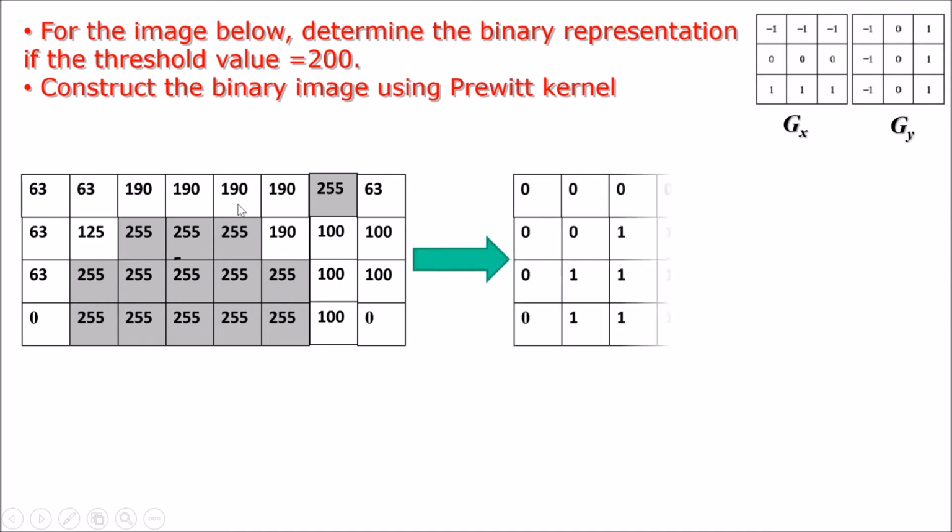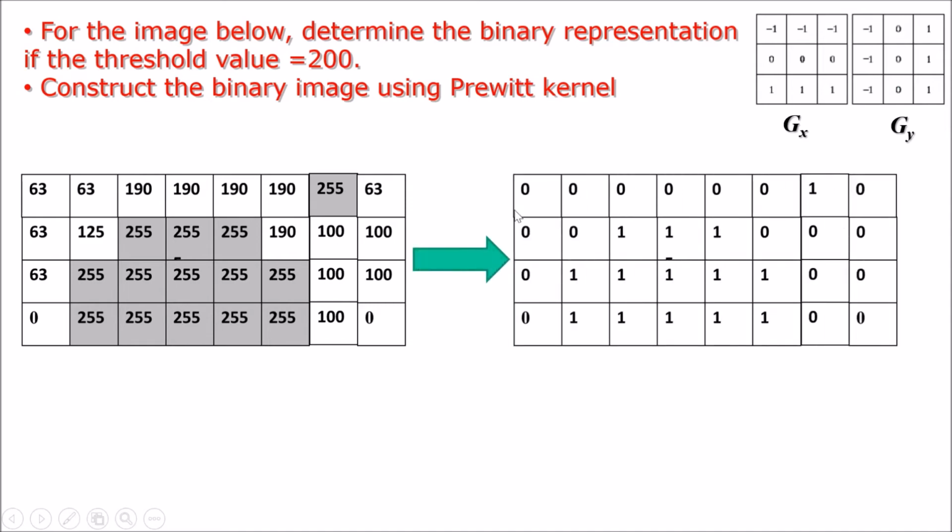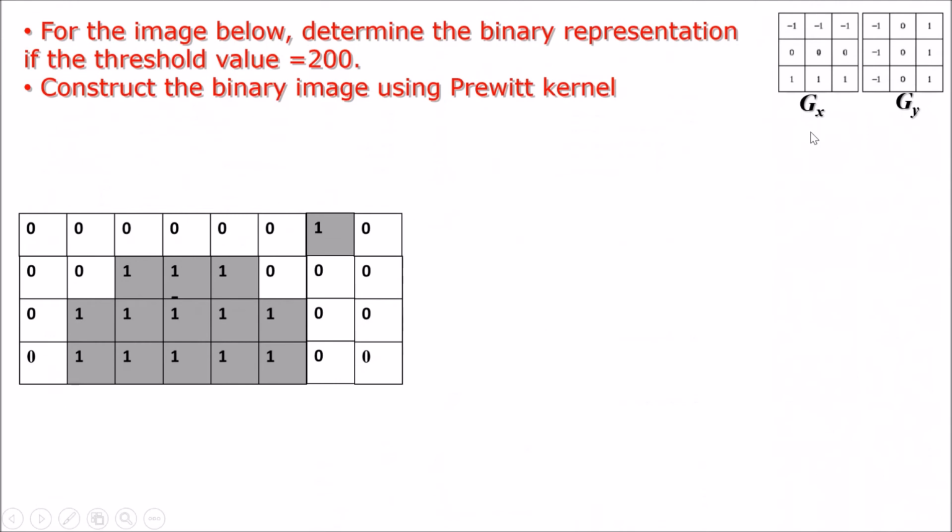So we can convert that into the binary image by using this notation, in which 1 is the foreground and 0 belongs to the background area. The next step is that we construct the response of the first derivative in the x and y direction by using this kernel. So how are we able to do that?